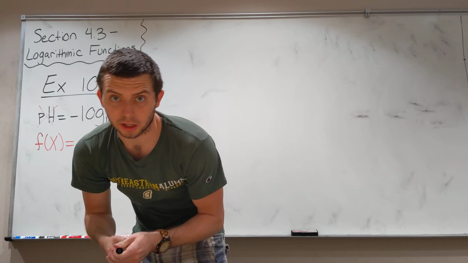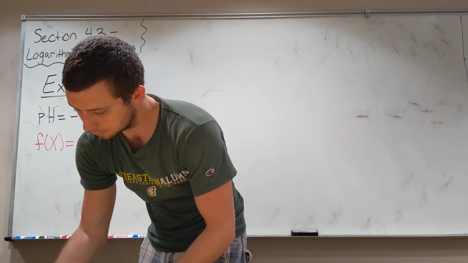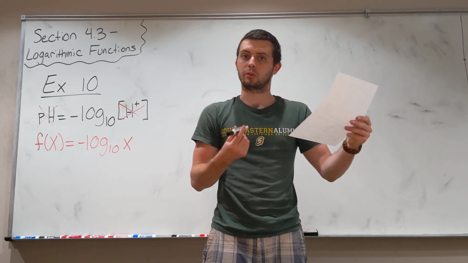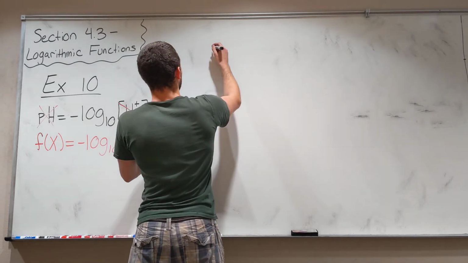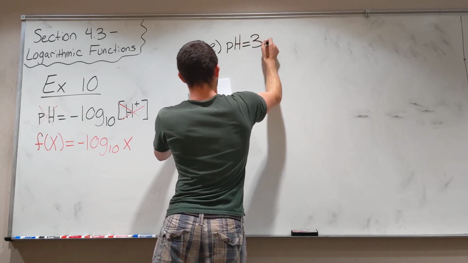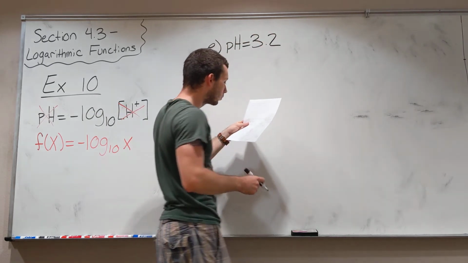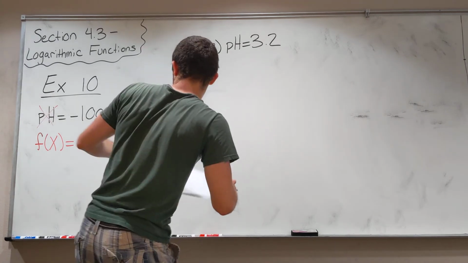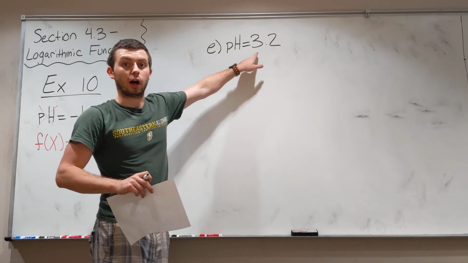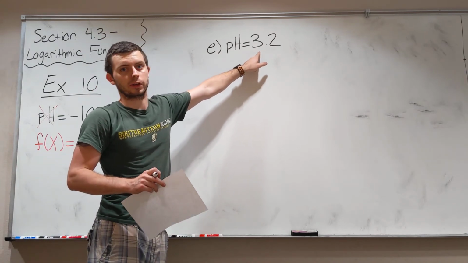And so what E and F both want us to find, well, what they're doing is giving us pH is equal to 3.2. So we'll start with E. But remember, we said that pH is now Y. So they're giving us Y is equal to 3.2 over here.